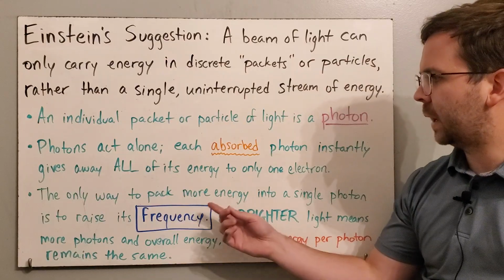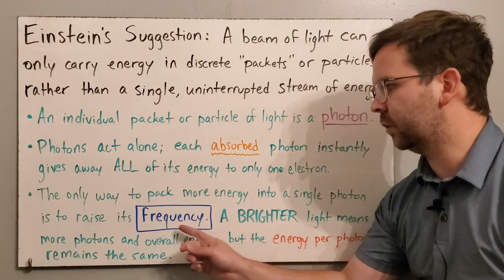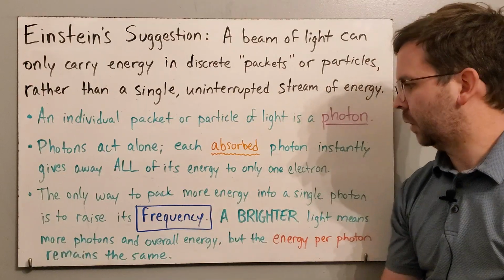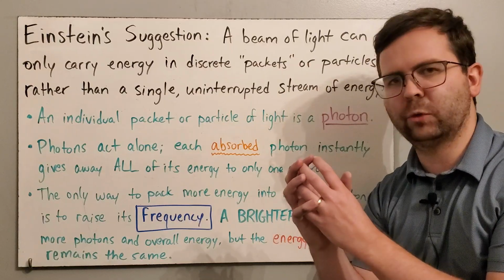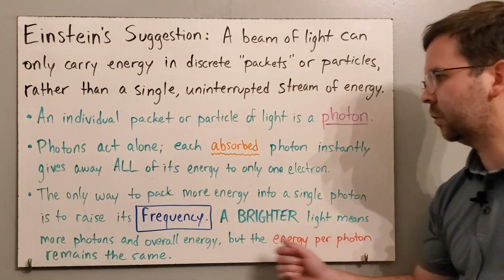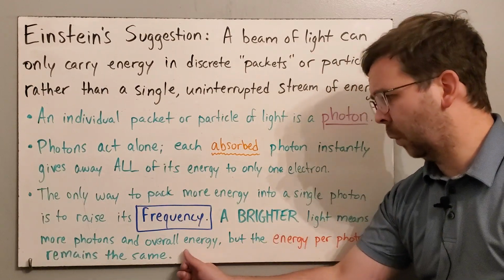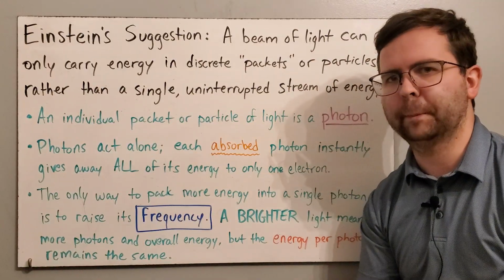And the only way to pack more energy into a single photon is to raise its frequency. Because it's an individual piece, the only thing you can do to make it have more energy is to raise its frequency. A brighter light means more photons and more overall energy, but the energy per photon remains the same.